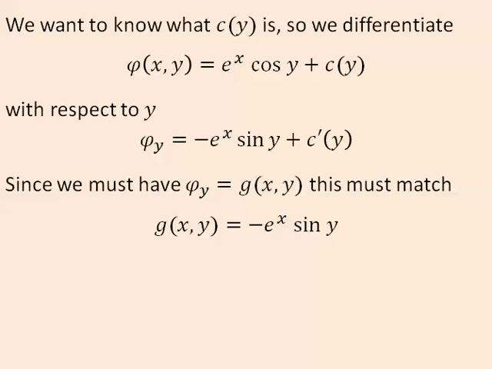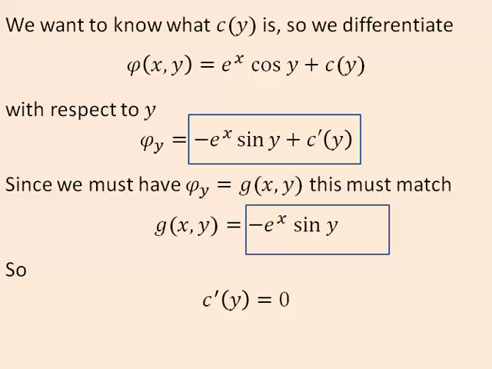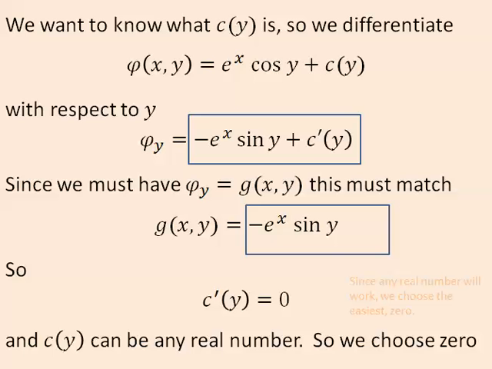It must look like g. And so we must have this matchup, which tells us that c prime has to be 0. So if c prime is 0, then the function c would be a real number. Now any real number will work, and we're going to choose 0.